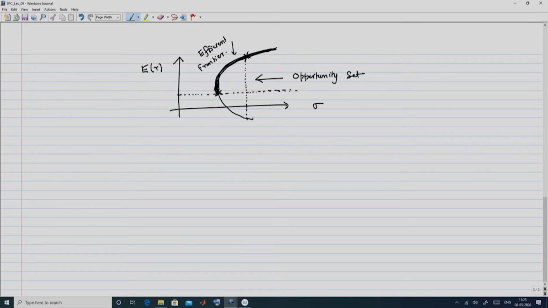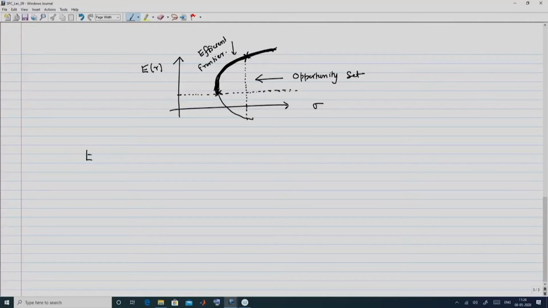So, it is the collection of such points which give the highest return for a given level of risk, or the minimum level of risk for a given level of return. The collection of all these points is what is known as the efficient frontier, and note that this will also include the minimum variance portfolio which is at the tip of the border. So, it is basically the part of the border of the opportunity set which satisfies these two conditions.